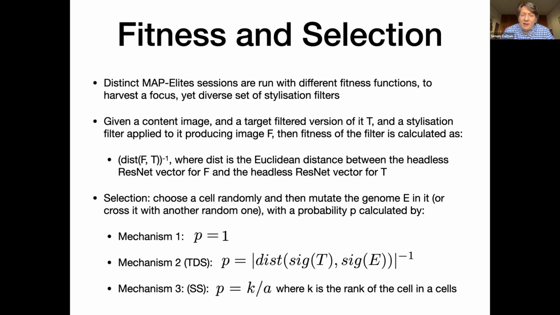And mechanism 3 is very similar, which is a rank selection. So basically you rank all the cells in your archive, and you've got A of them, and you mutate with a probability of K over A, where K is the rank of the cell. So basically, again, cells which are doing well because they're ranked highly get more probability of being mutated than cells which are not doing well.